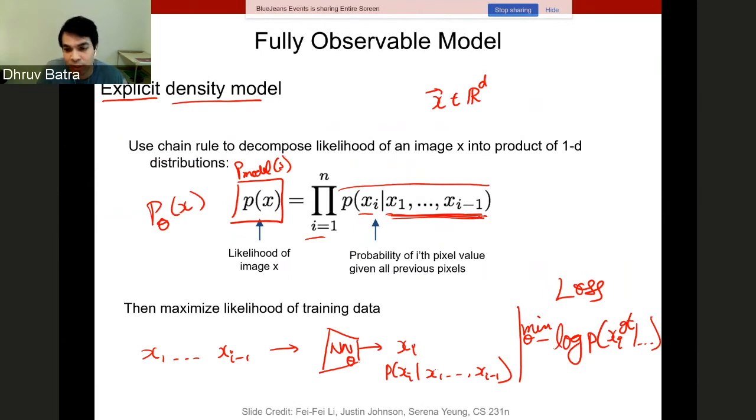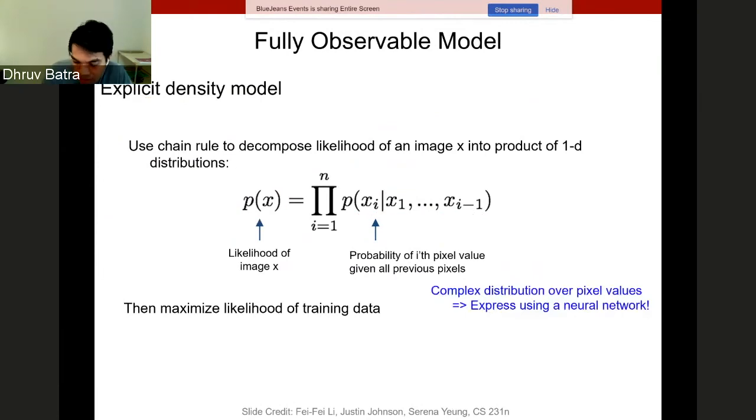And I claim that you have already met this sort of a density model before. Does anybody remember, if you want to say in chat, in previous lectures, is this reminiscent of anything that you've already seen before? I've seen this exact thing before in RNNs, where X were tokens or words in a language.